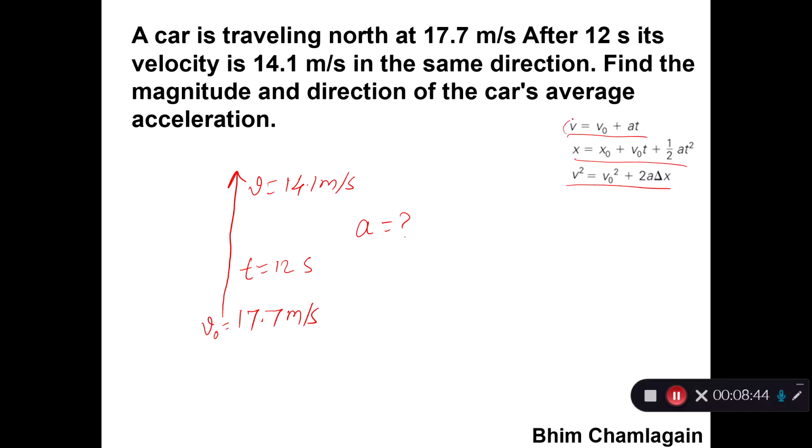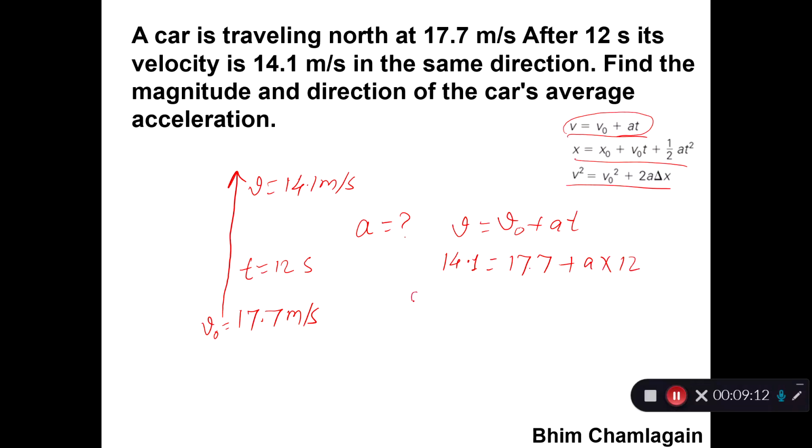Which is this equation? Write down v is equal to v naught plus at. Substituting these values, v is 14.1 is equal to v naught, 17.7, plus a times t, which is 12.